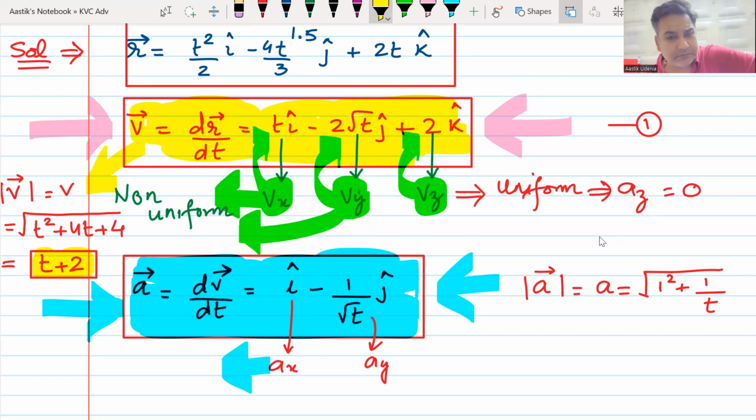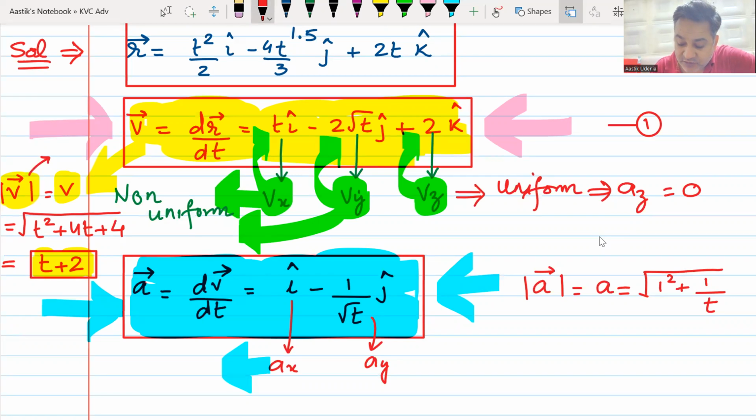Okay. Now, if you remember, this is instantaneous velocity. We have found out the magnitude of instantaneous velocity. We call this magnitude by a different name also. What is the magnitude of this instantaneous velocity known as?